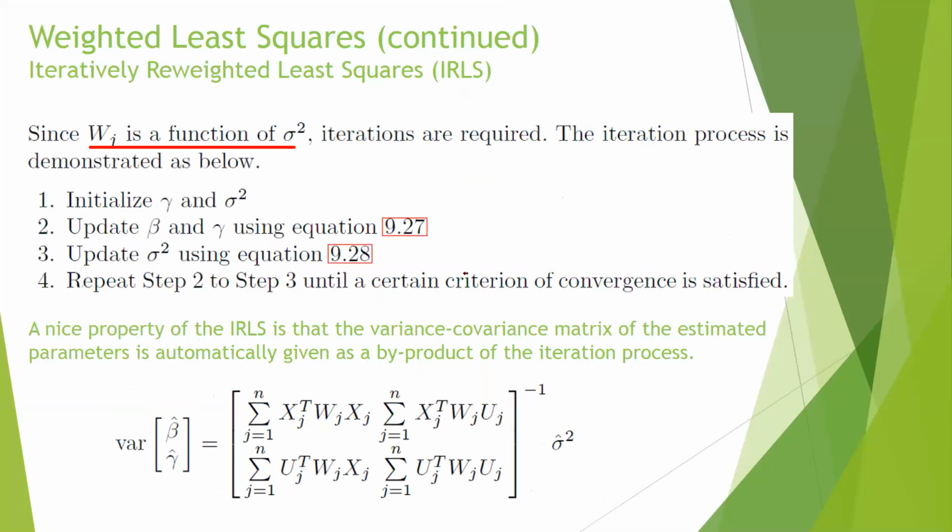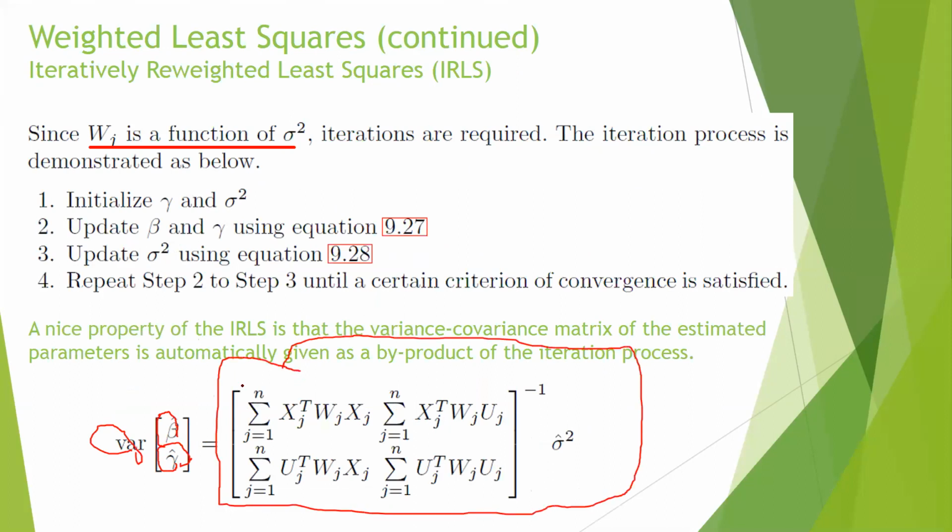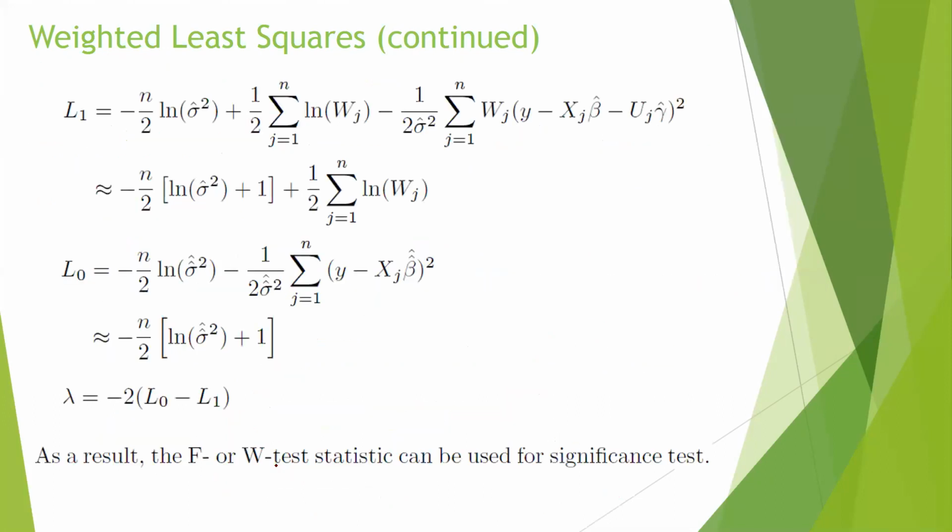Okay, once the program converges, we get the solution for beta and gamma, right? And then we can immediately get the variance of these two parameters as well. Then we are almost done. We got the estimation for the additive and the dominant effect, and we can also calculate the variance of this estimation. This is what we are very familiar with now, right?